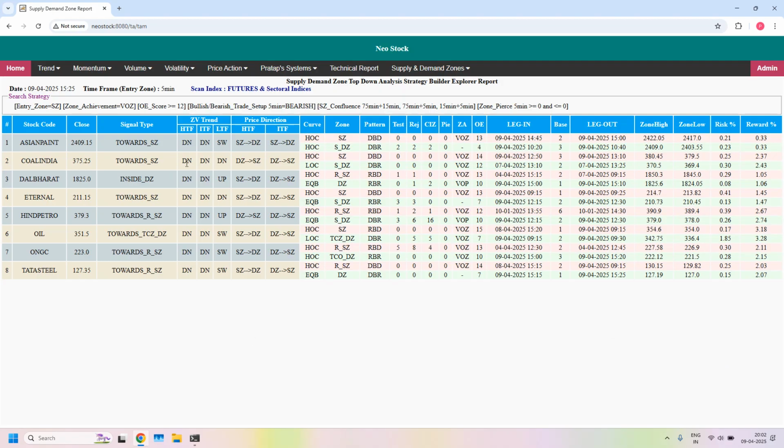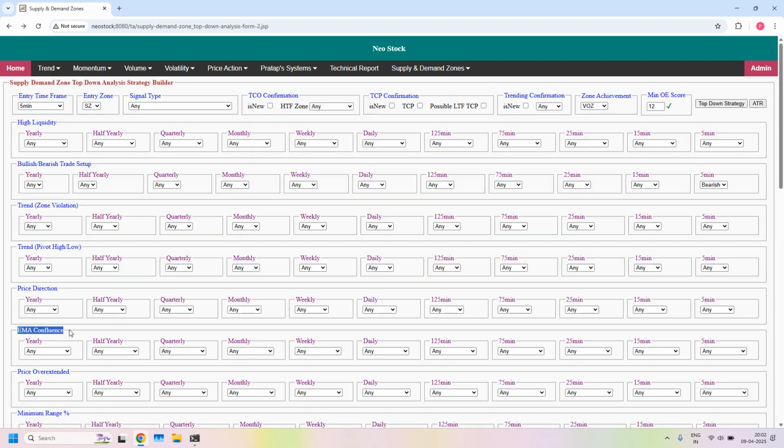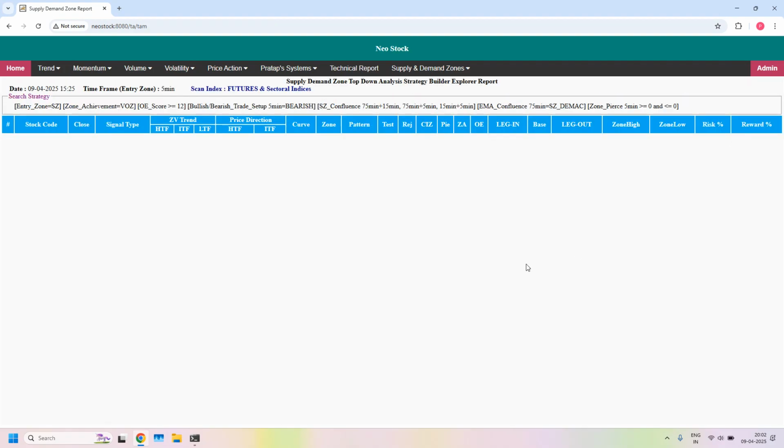Out of these 8, all trends are downtrend. Let us check any 75 minute zone with daily EMA confluence: 75 minute supply zone with daily EMA confluence. We don't have any stocks. So with this, we have generated all the income trade reports.